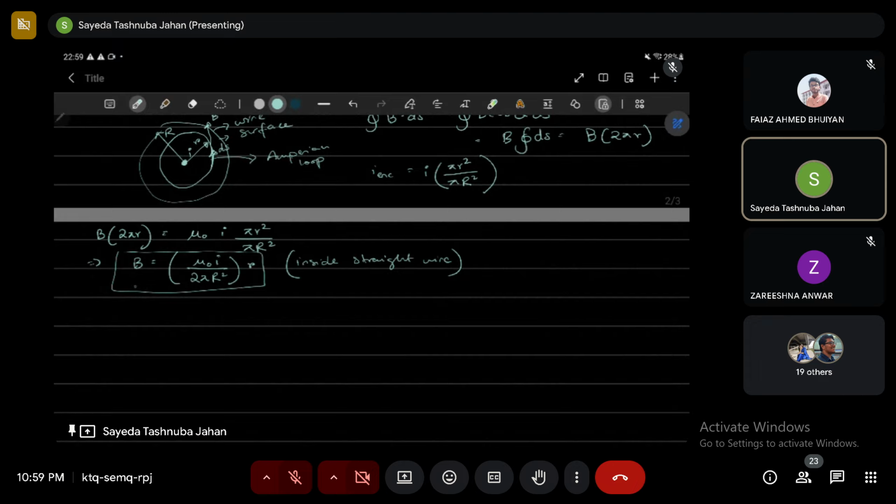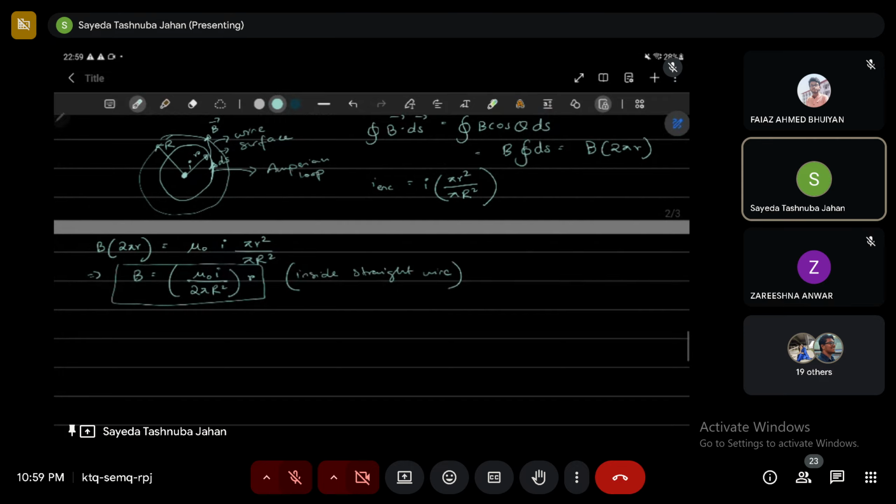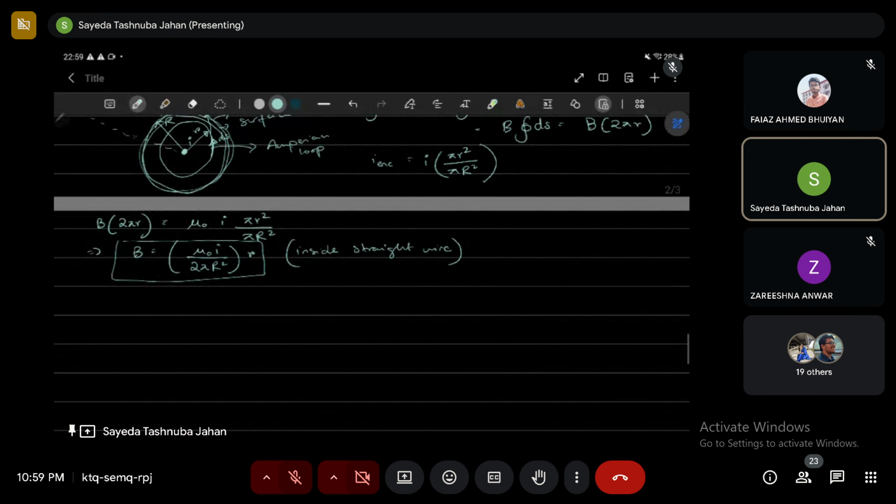Okay, and it will be maximized if r is at the edge of the wire. That means the further out you go, the more it is maximized.